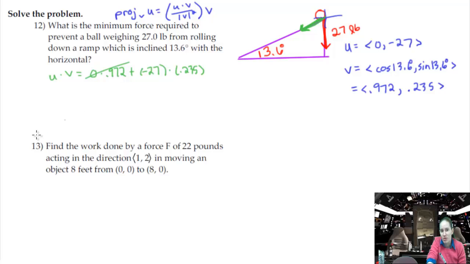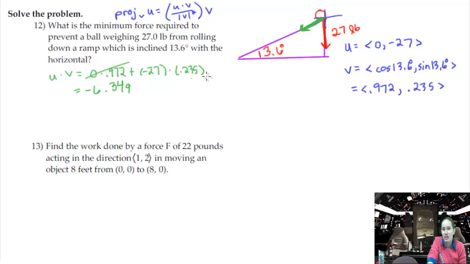Well, the first part's going to be 0, so that's just negative 27 times 0.235. That's actually in my calculator, so I'm going to do answer times negative 27, so I have less rounding. Negative 6.349 is the dot product.